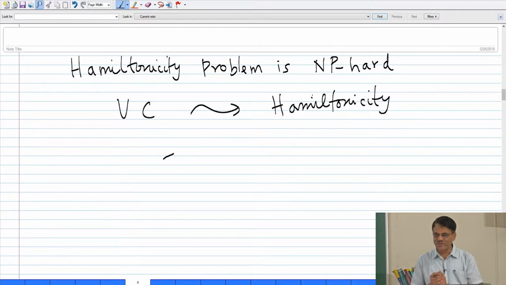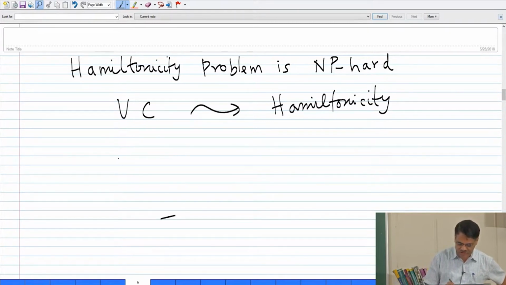But if I have to try and prove something is NP hard, I don't know where I will start. Right? Because vertex cover is trying to cover all edges. Hamiltonian question is trying to cover all vertices by a cycle, right? But beyond that, it is magic how they came up with it, right? So it's an ingenious construction.